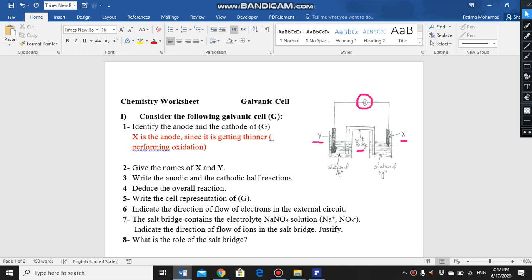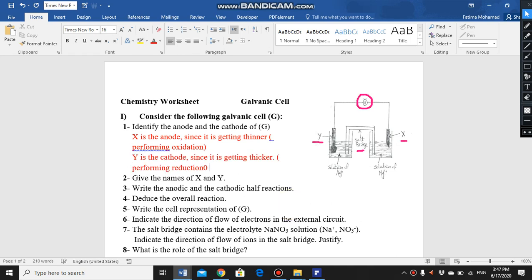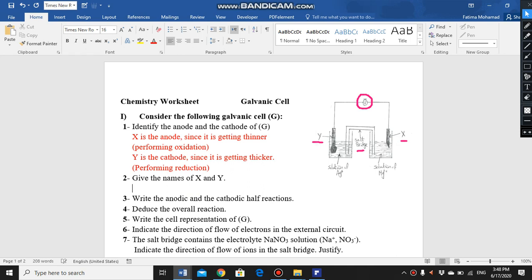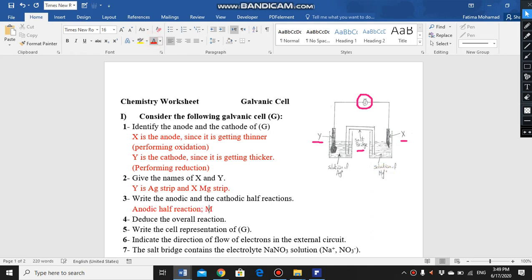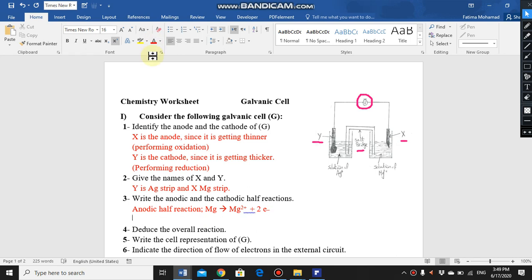Okay, and Y is the Ag strip dipped in a solution of Ag+, so X is Mg, which is losing 2 electrons to become Mg2+. At the cathode, Ag+ is gaining an electron.